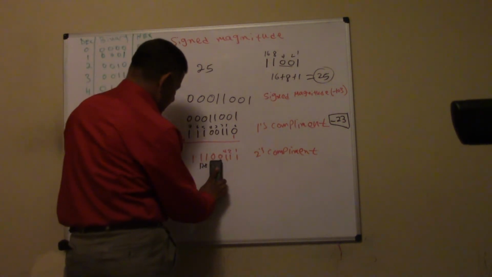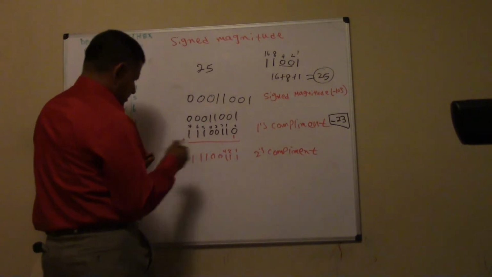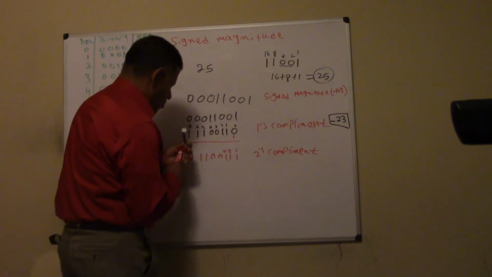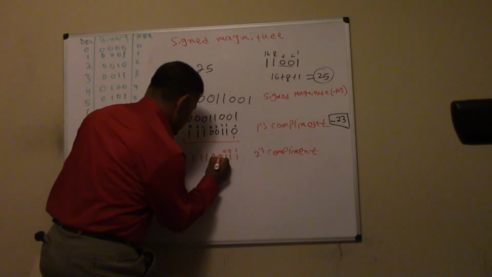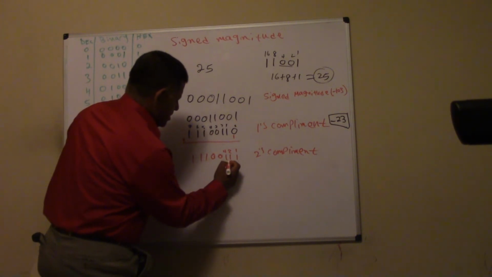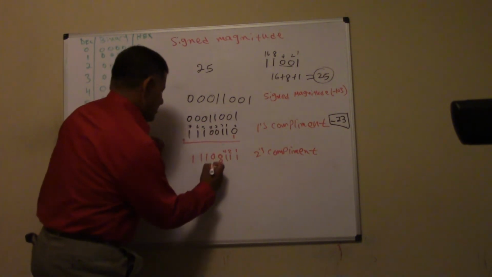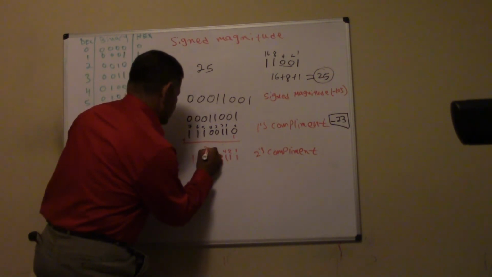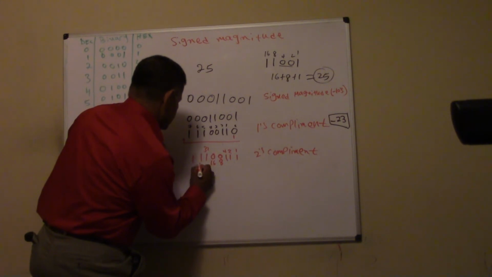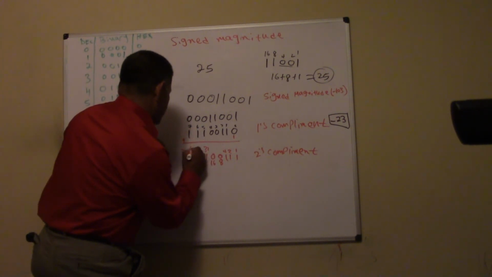I went ahead and did something wrong here. I was not really paying attention to what I was doing. Okay, so here is 8. That was correct. But here was 16, right? Here was 32, 64, and negative 128.